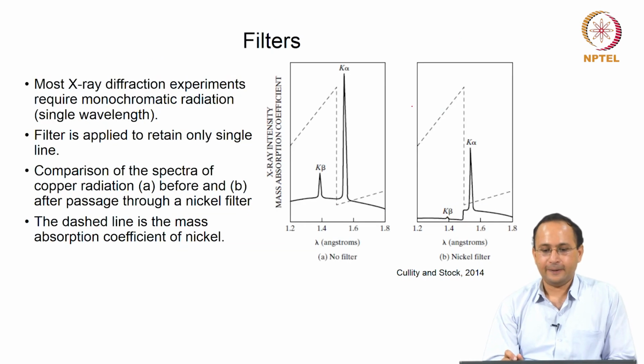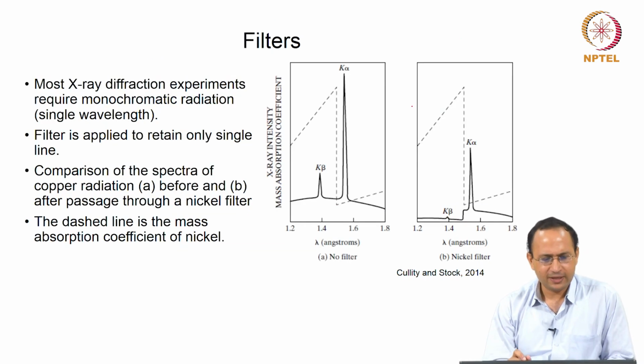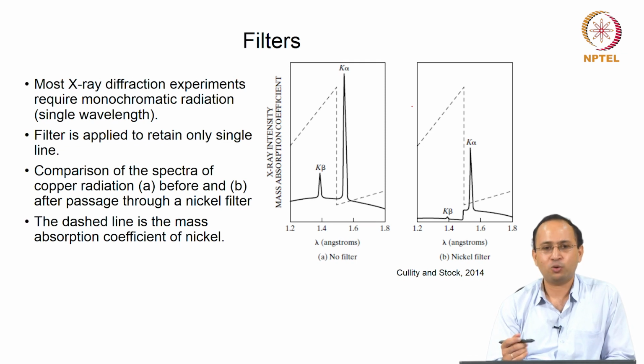Okay. Without going into much detail, now the question comes: in a lot of experiments, we need monochromatic radiation, a single wavelength. How do we do it? We can use filters, which will absorb. In this case, we see the nickel filter.